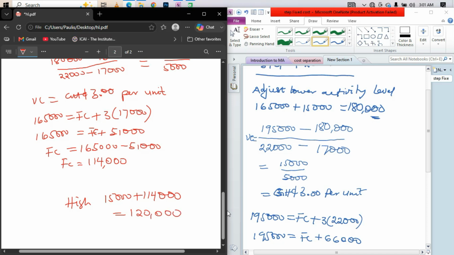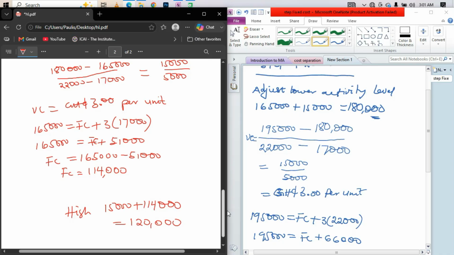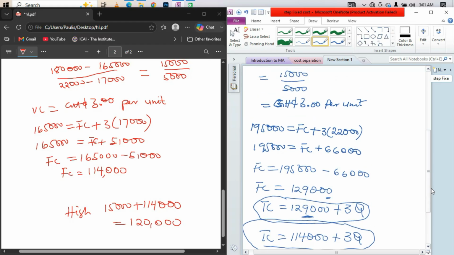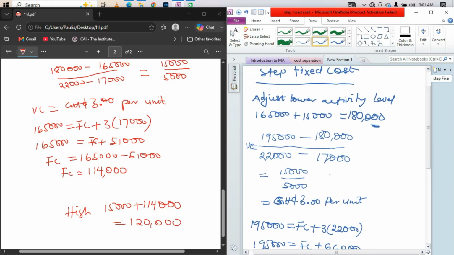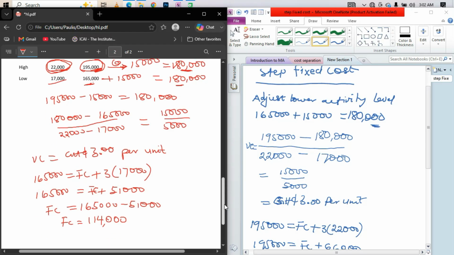So if you add to the lower activity level, you are going to get the same thing. If you subtract from the high activity level, you are going to get the same thing. So when you have a step fixed cost that you are given just two variables, the lower activity level and the high activity level, this is how you go about it.